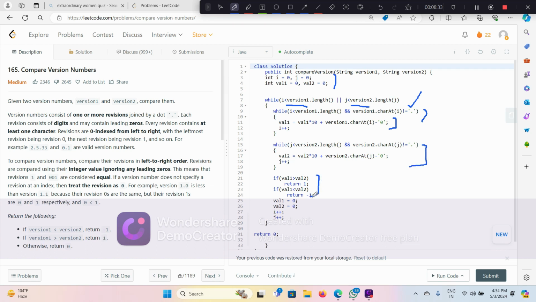So whichever is greater, according to the question, I am returning. And after doing this, for the next dot, I am resetting these values, val1 equal to 0, val2 equal to 0, and I am making i and j plus plus, because in these while loops we were stopping at the dot, right? So for the dot we have to go to the next element, and then I am returning 0. Let me run it.